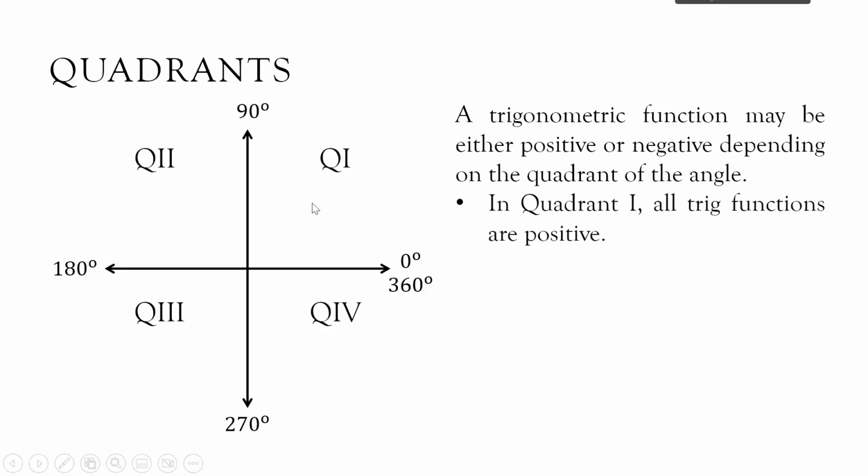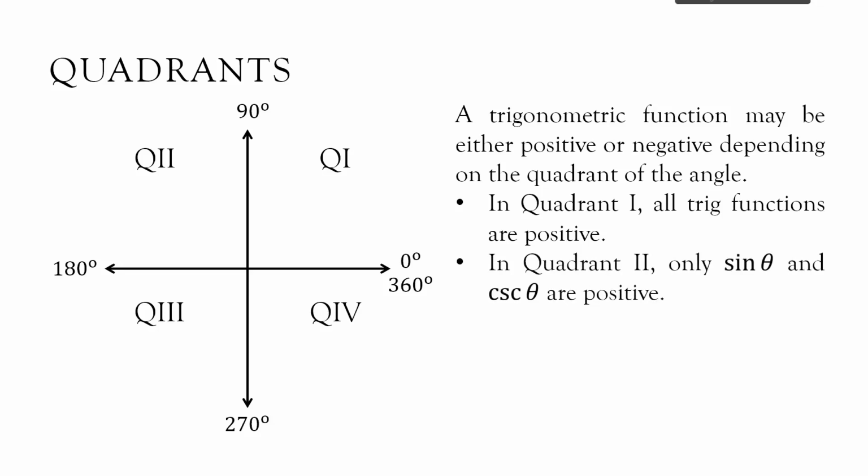If I'm working with an angle in quadrant 1, then all of my trig functions will be positive. In quadrant 2, only sine and cosecant are positive. Again, if my angle is in the second quadrant, in this case between 90 and 180, this top left area, then sine and cosecant are positive.